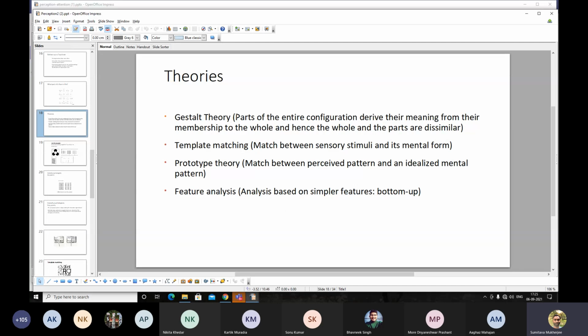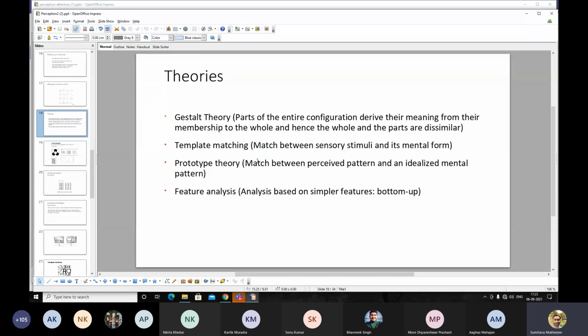So first one is Gestalt theory, where parts of the entire configuration derive their meaning from the whole, because you are perceiving the whole and not individual parts separately. Template matching is when you're matching the sensory stimuli that you're seeing with a mental form. It's a one-to-one matching, which means every single stimulus must have a corresponding mental representation.